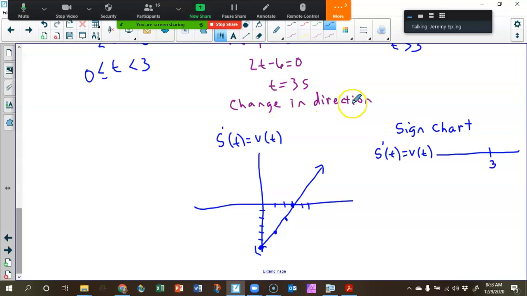That's where I'm going to have changes potentially in signs. And I can just plug in something less than 3 like 2. 2 times 2 minus 6 is a negative value. Something bigger than 3 like 5. 2 times 5 minus 6 is a positive value. And I'd be able to know when my velocity is positive, when it's negative, just based on a little sign chart.